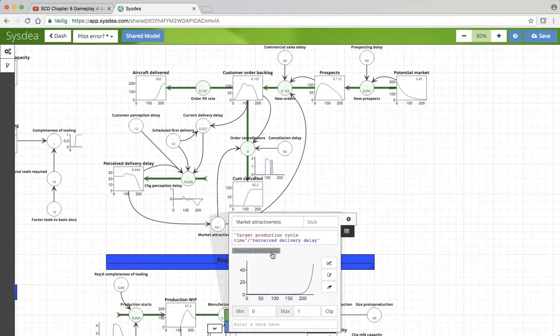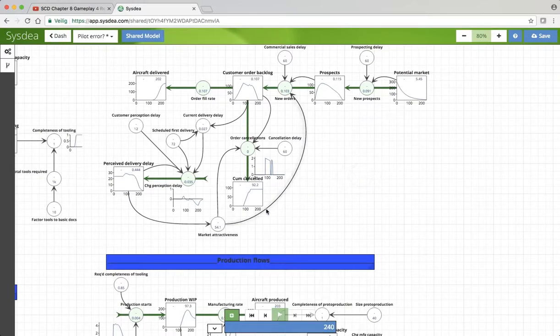When the perceived delivery delay is equal to what we expect that it should be, the production cycle time, so when the value that it should be is equal to the value that it is, that value is 1, and that means a high market attractiveness. It can also be higher if we actually have a shorter perceived delivery delay than the target production cycle time, as we have towards the end, but that's a whole different story.